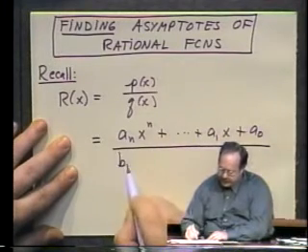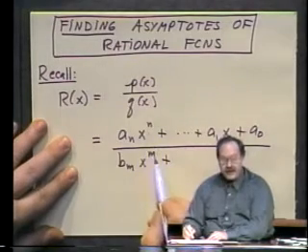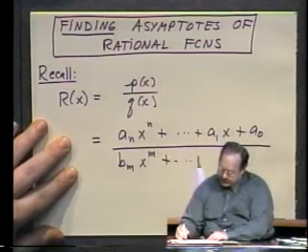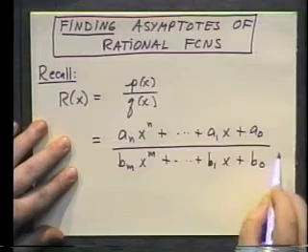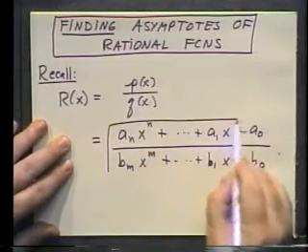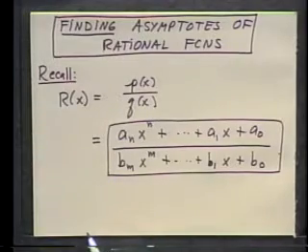And let's make the bottom one b_m x to the m. So the n and the m are possibly different, down to b_1 x plus b_0. So here's the more general version where we have specified the labels we'll use for the coefficients.